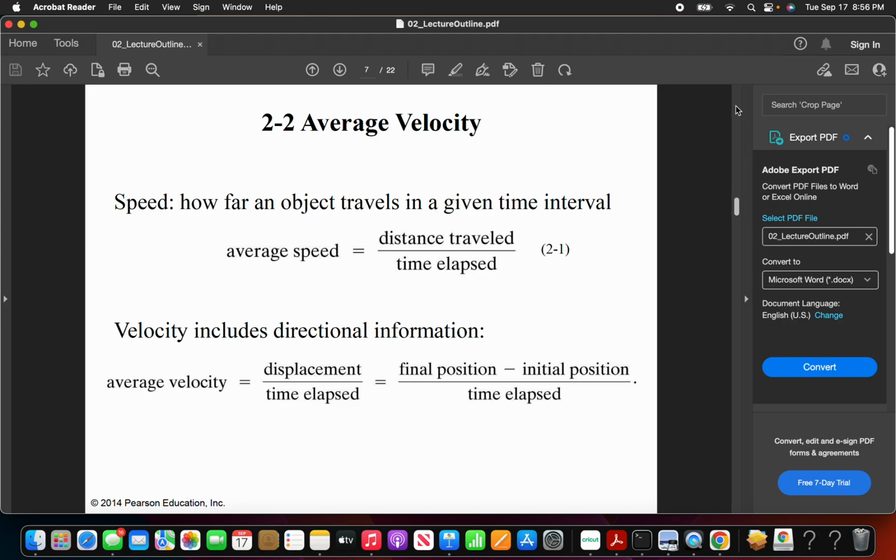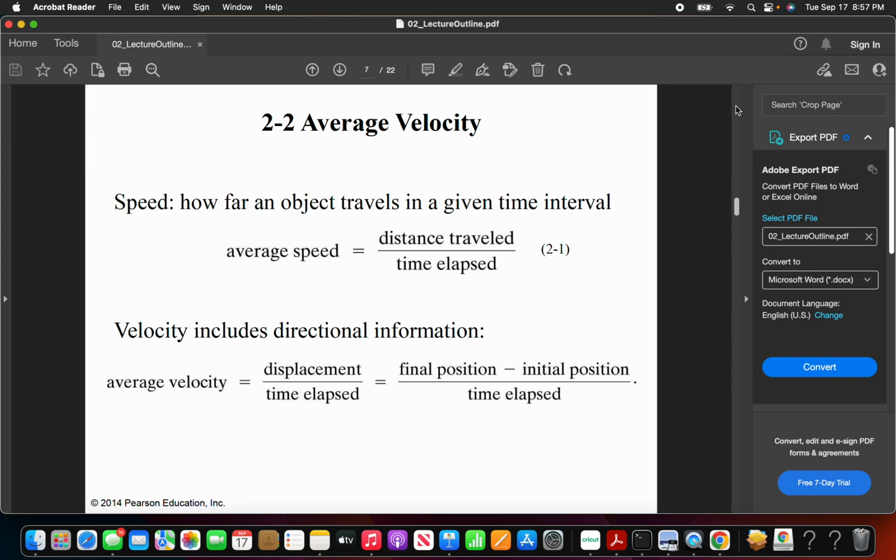average speed and average velocity. Okay? So speed is one thing. That's what we're accustomed to saying, right? But in physics, we talk about velocities. And why is it that we talk about velocity as opposed to speed?